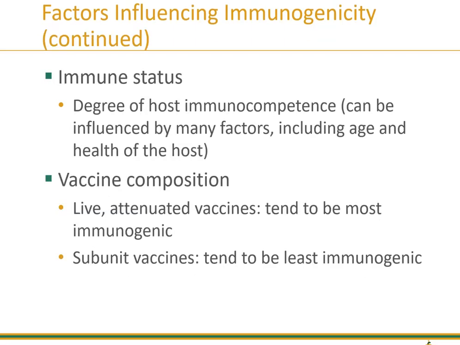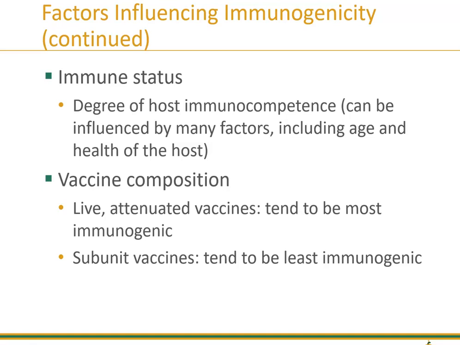Other things that will affect immunogenicity is the immune status. It depends on the host, are they immunocompetent? Remember, age is a big thing about immunocompetence. Somebody very, very young, neonatal, just born, is not able to really elicit an immune response yet.